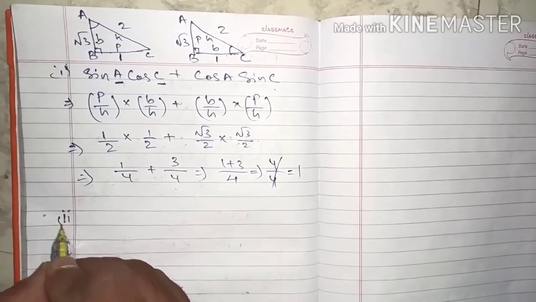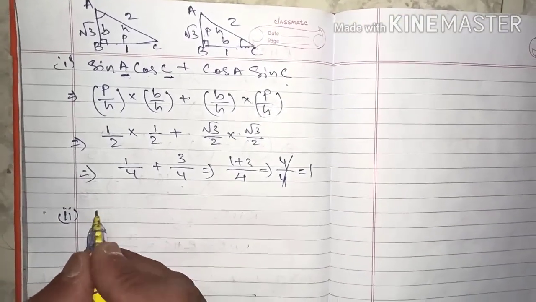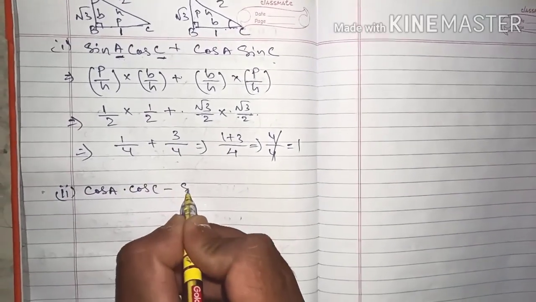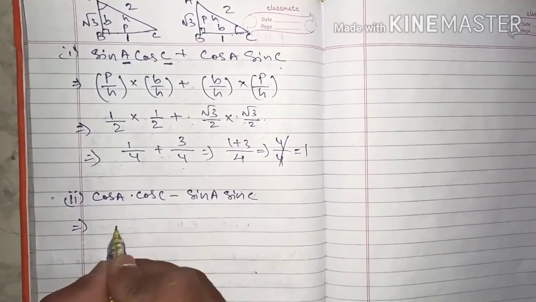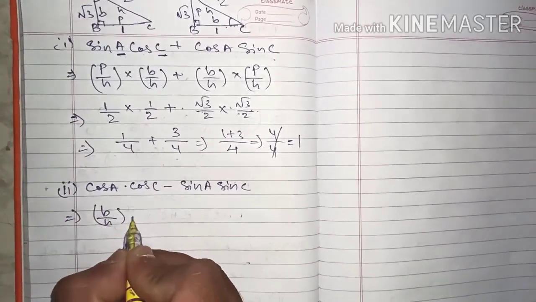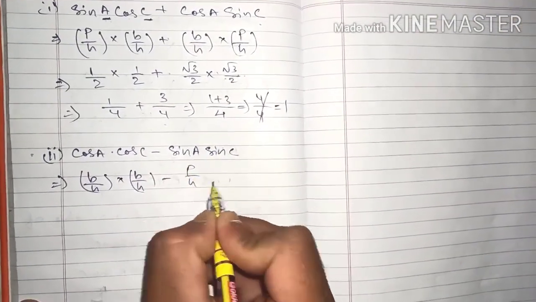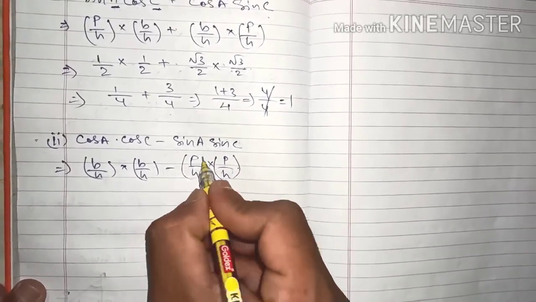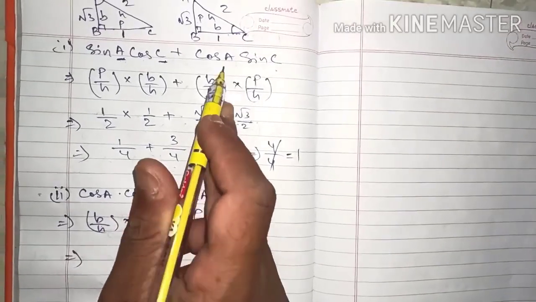Second bit. In the second bit the question is cos A cos C minus sin A sin C. The formula is the same: B by H, B by H, P by H into P by H, but the values will be different. Cos A's value from here we can get.